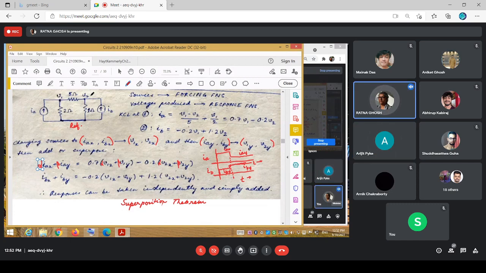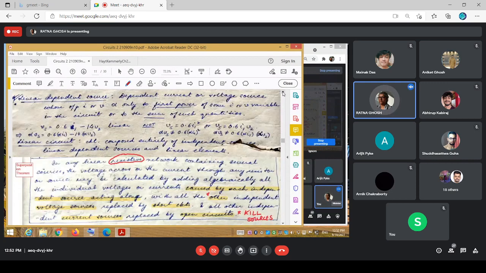There is nothing which says it has to be a voltage source. There is nothing which says it has to be a current source. There is nothing which says it has to be all voltage sources, or all current sources. It could be anything. Get back to this definition.